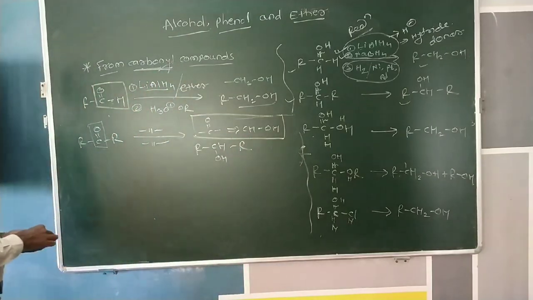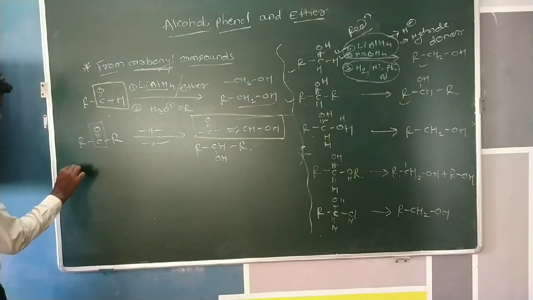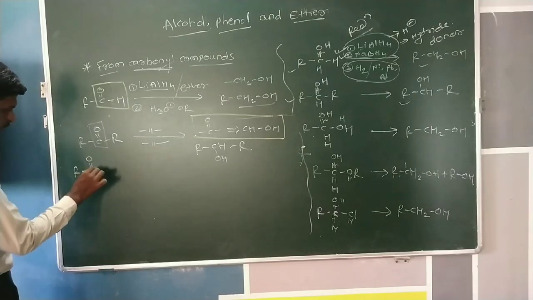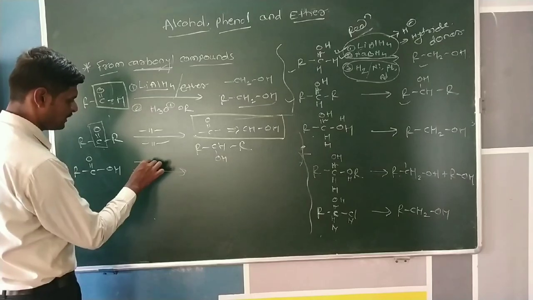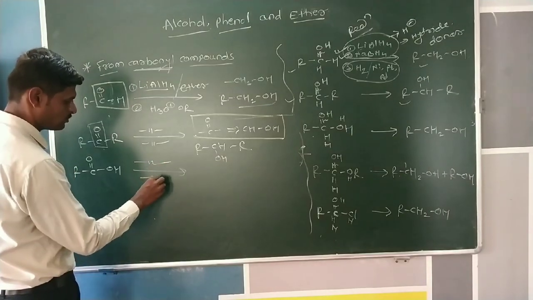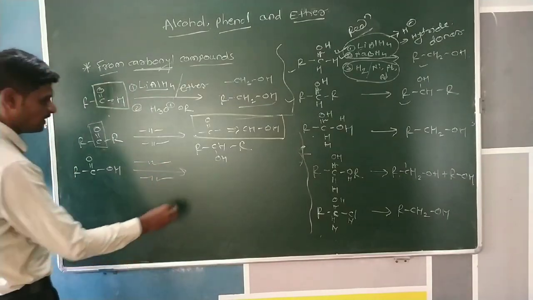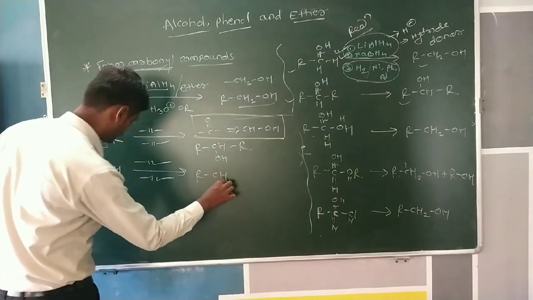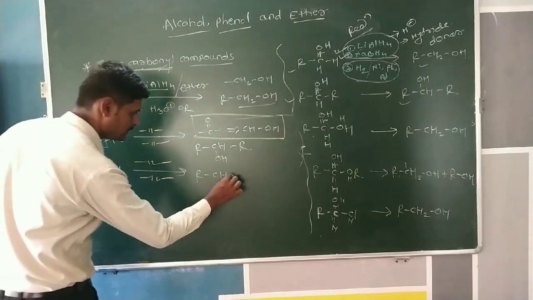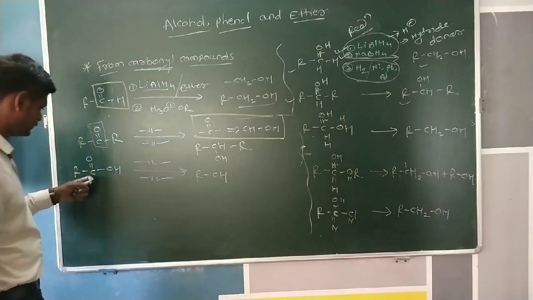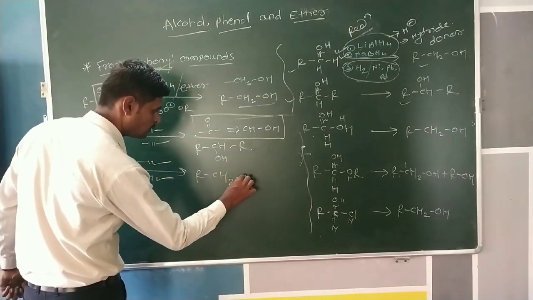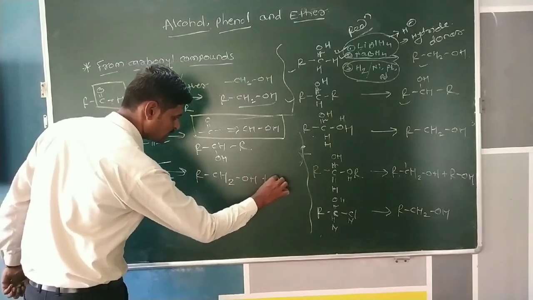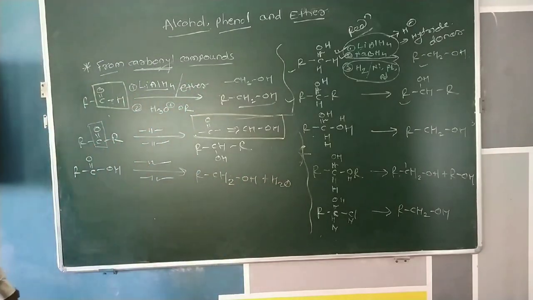Okay. Then another example is, we consider the carboxylic acid. There is a C double bond OH. Okay. It is reacted with lithium aluminum hydride in the presence of ether, as well as it undergoes acid hydrolysis. Then it forms RCH2OH plus H2O.